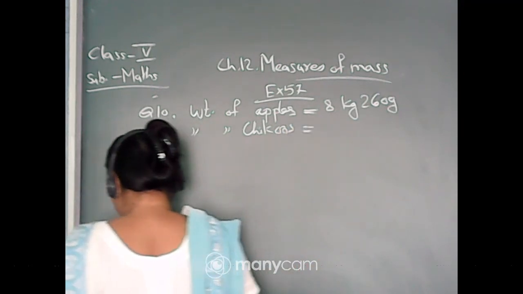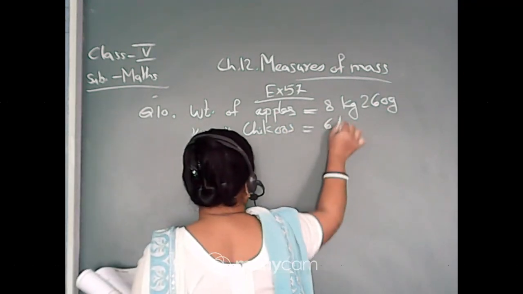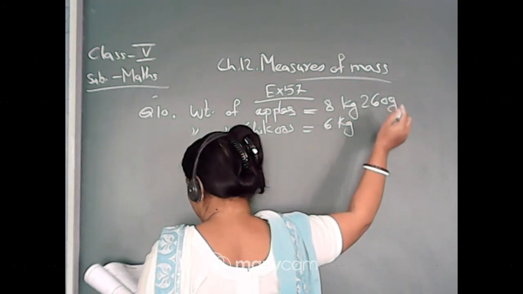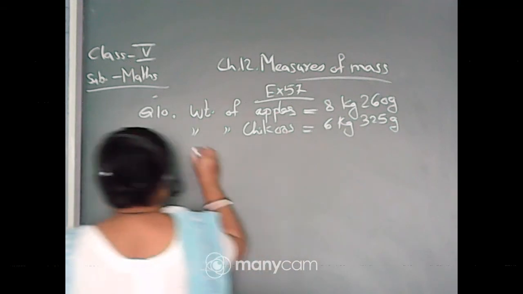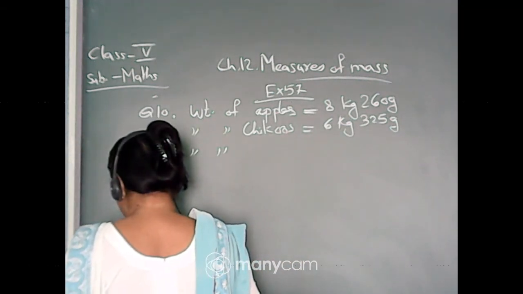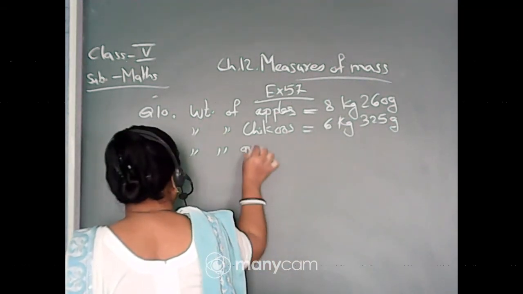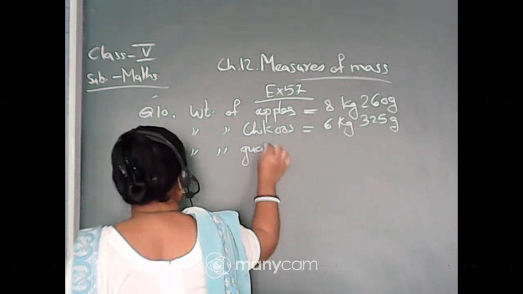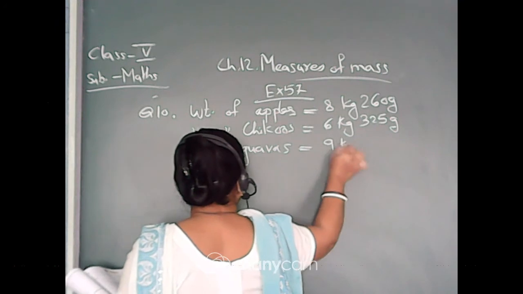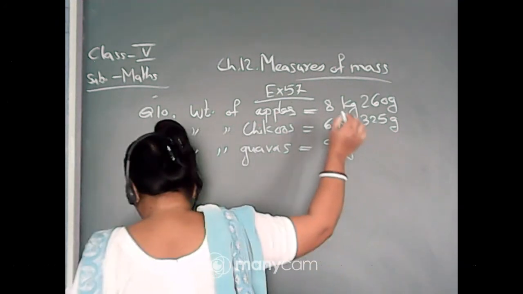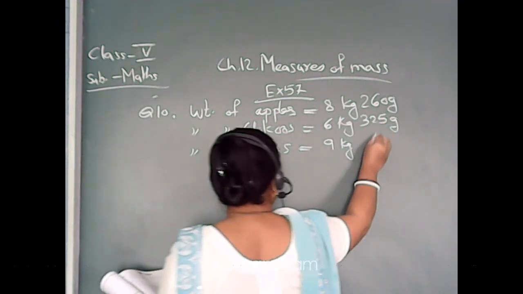It is given 6 kg 325 gram. Next is given weight of guavas: 9 kg and 85 gram.